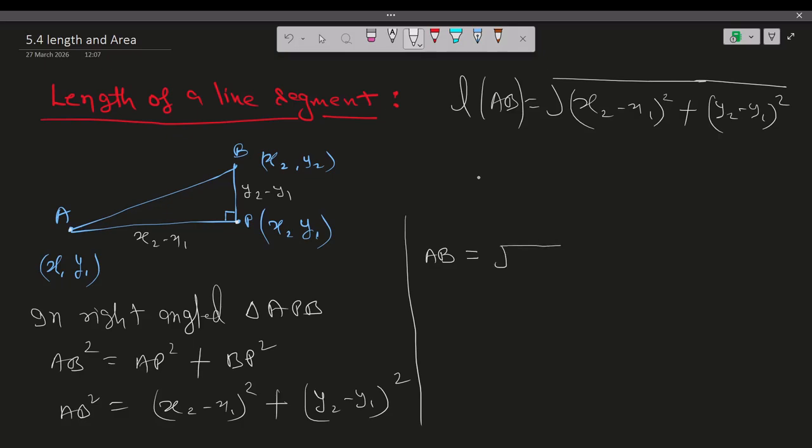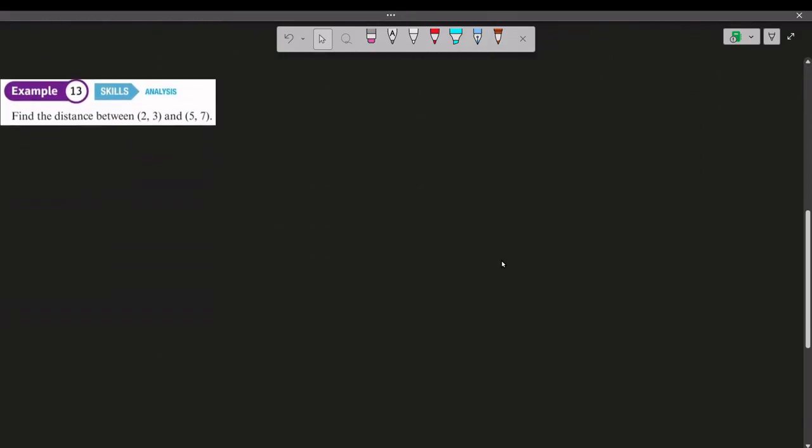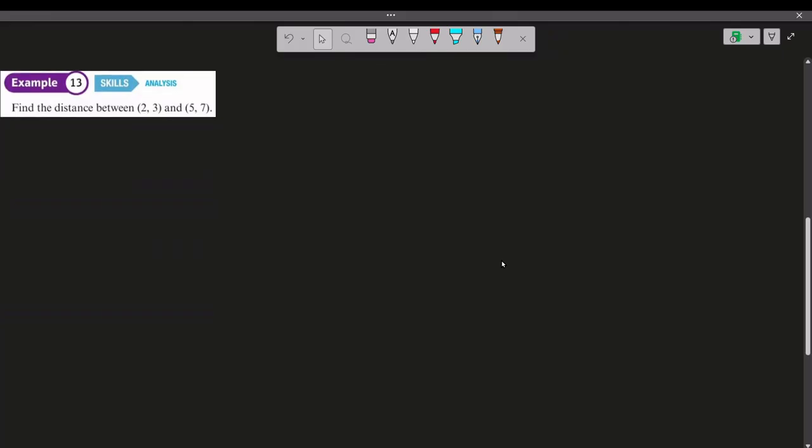So it is the positive square root of x2 minus x1 whole square plus y2 minus y1 whole square. So this is the distance formula, by the way. We use this to find the length of a line segment. That's it. Let us do a question based on this.